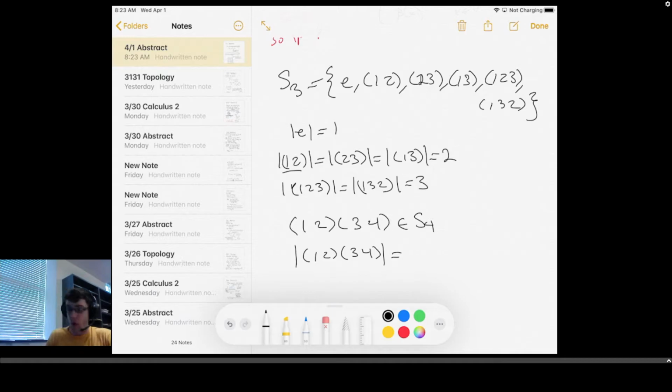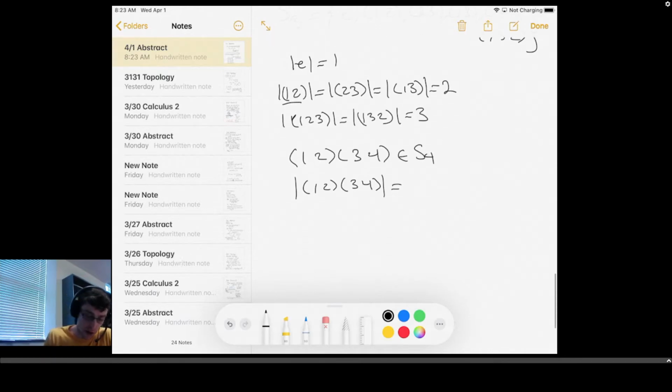It might be 4, because we saw earlier that the order of that sigma, which was, let me look back, (1 3)(2 5 4), we saw this was 6, and so it kind of looked like, hey, order 2 times order 3 means I get order 6, so maybe in general the order of the product of disjoint cycles is just the product of the orders. But, yeah, it ends up being 2, which dispels that notion, right?